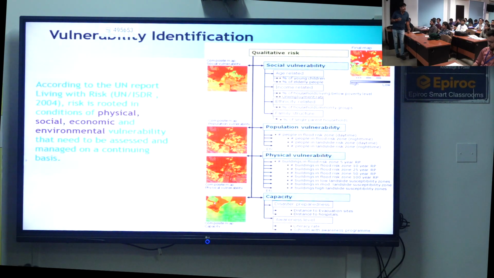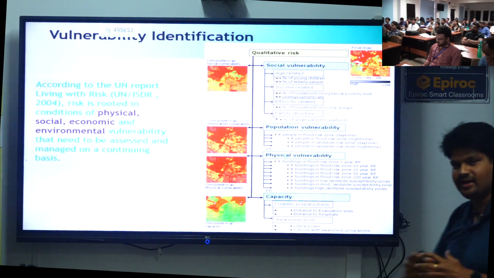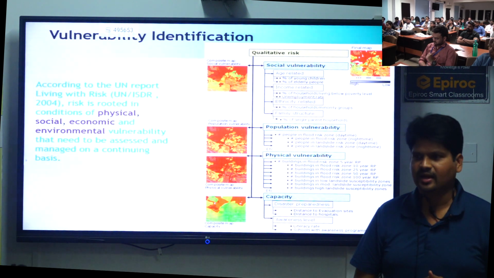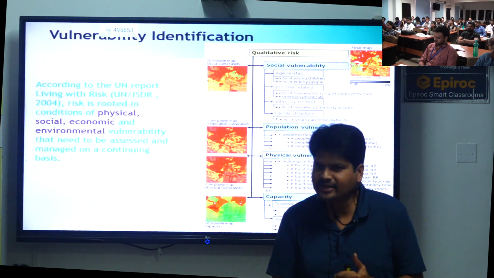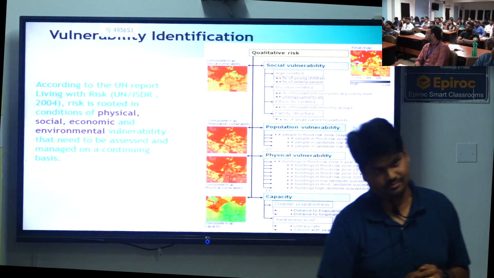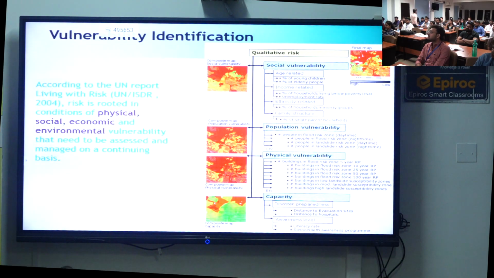So in that case, I was explaining that if there is a 9 Richter scale earthquake, and that is a place where the 80 and above age group live, their ability to evacuate the place would be, I don't know. You see, there is no end to it, depending on what kind of data you have, and based on that you can categorize.